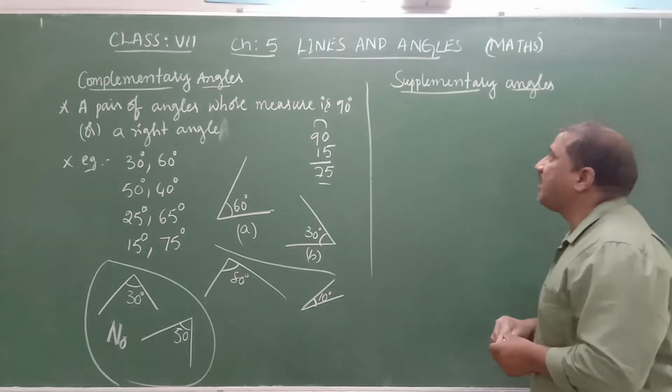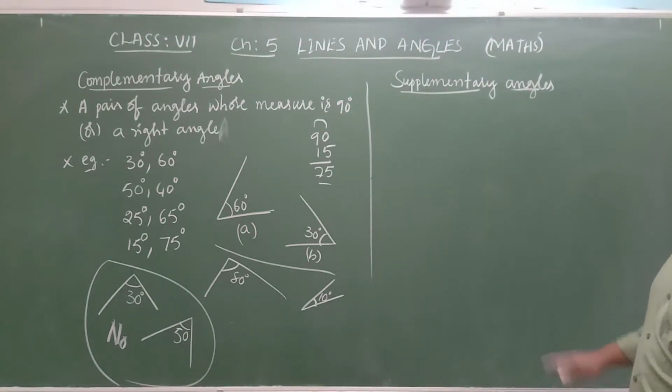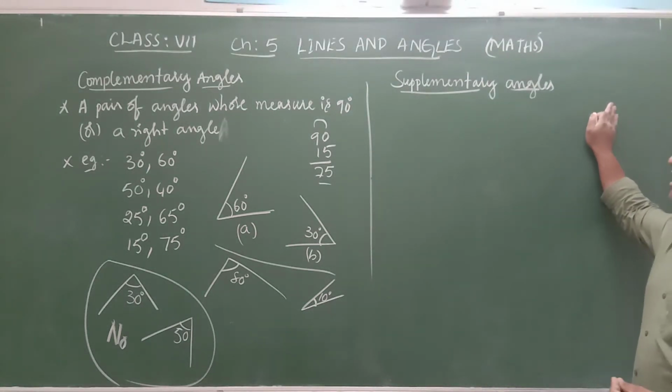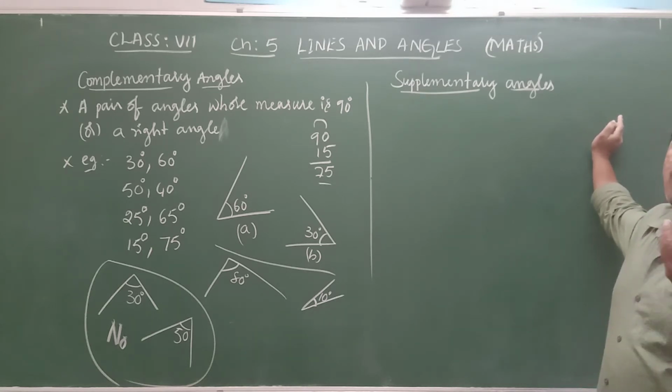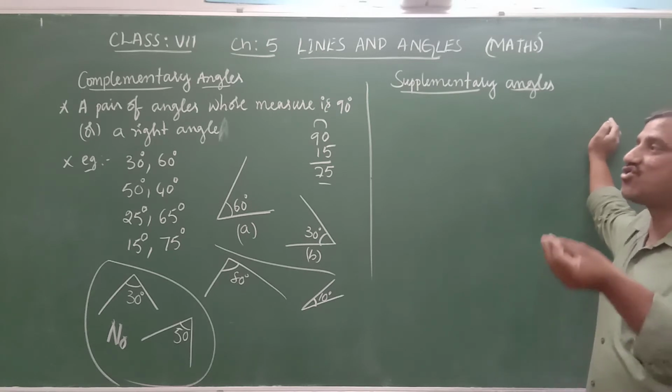Now we will discuss supplementary angles. What are supplementary angles? Supplementary angles are also a pair of angles whose measure is equal to 180 degrees, or a straight angle.